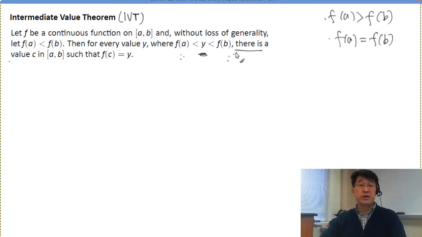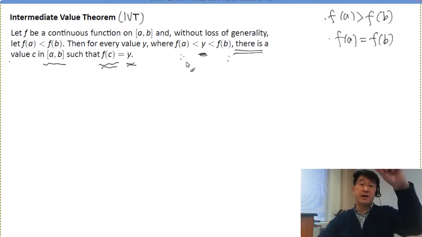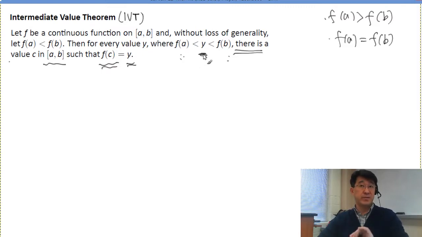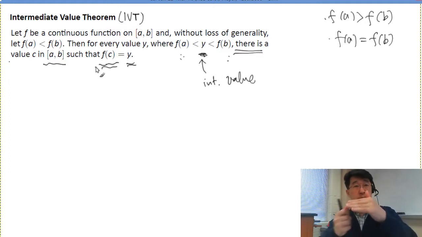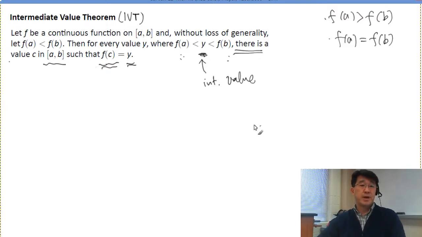I want you to go ahead and underline the 'there is' part. There is a value c in that interval a to b such that the function value is precisely the intermediate value you chose. Whoever chooses any intermediate value, there will be an input that matches that intermediate value. That's what it says.